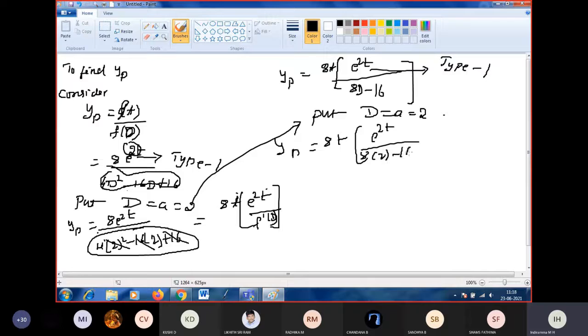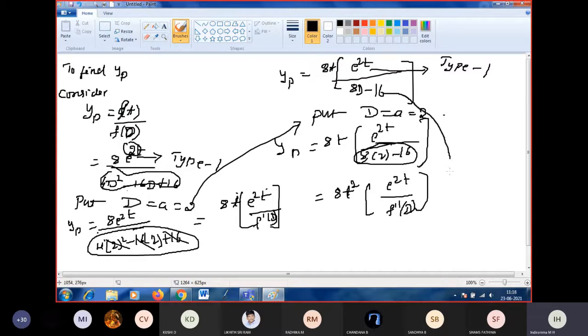What will you get as the denominator? 0. If the denominator is 0 again, multiply the numerator with one more t, it becomes t square. So e power 2t by f double dash of D. Already one time we differentiated, differentiate this again in the denominator.